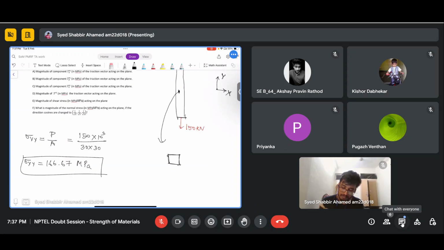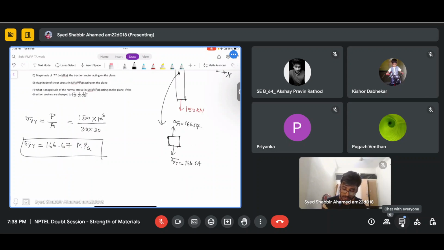So this is the stress acting on this bar element, 166.67. Same here, and other components are zero.